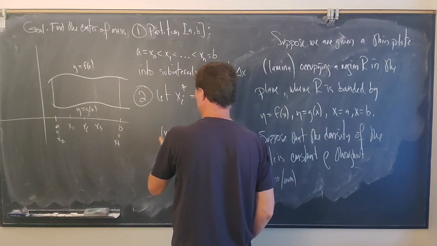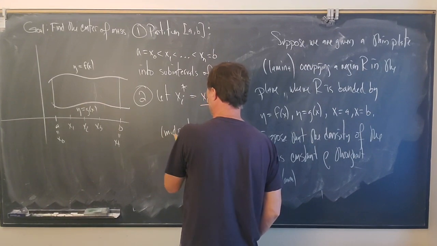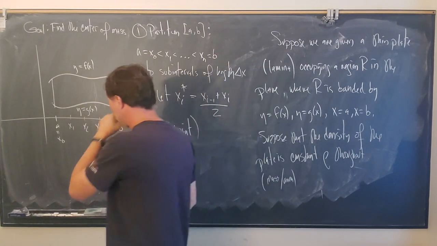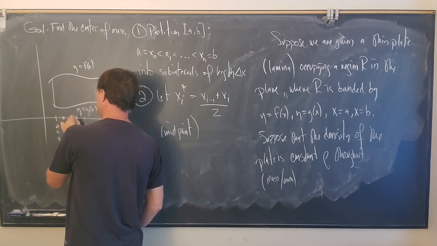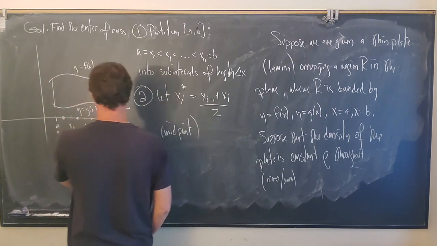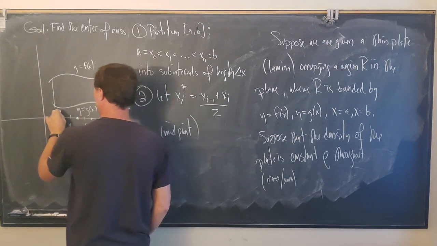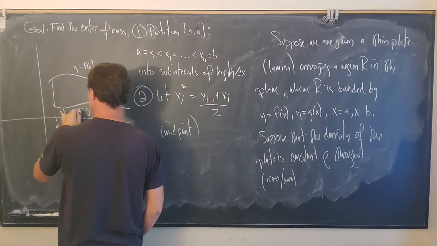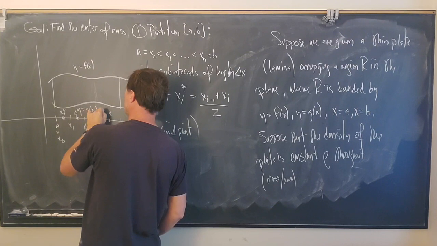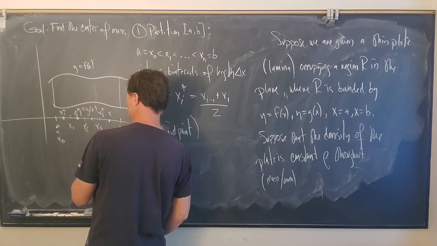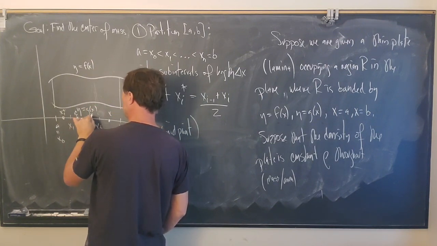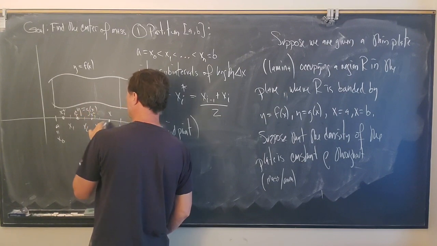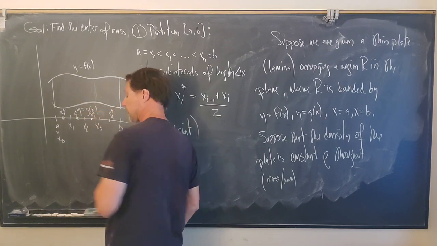So for each of these subintervals, go through and mark. So there's x1 star, x2 star. Sorry, my picture's a little bit crowded. There's x3 star. Whoops, sorry, x3 star is really down there. And then x4 star is right there.